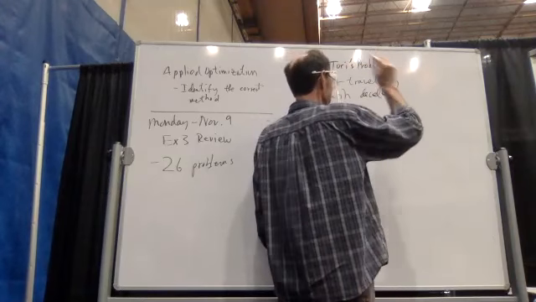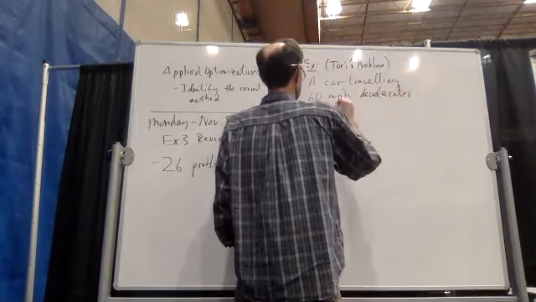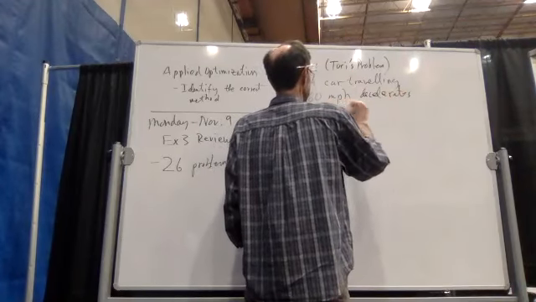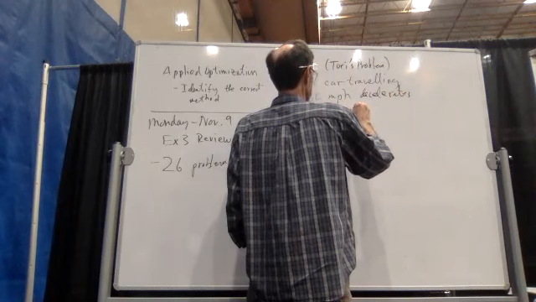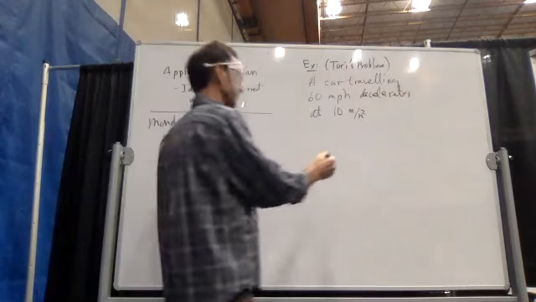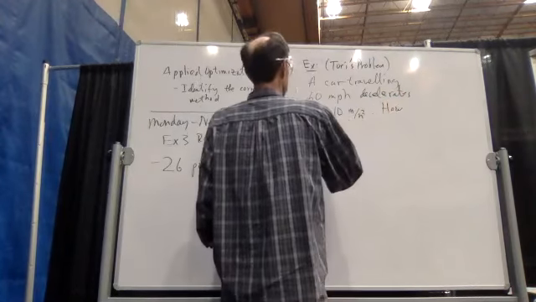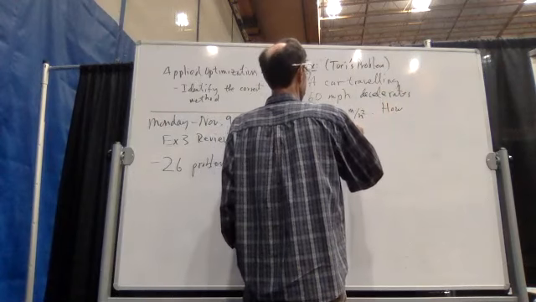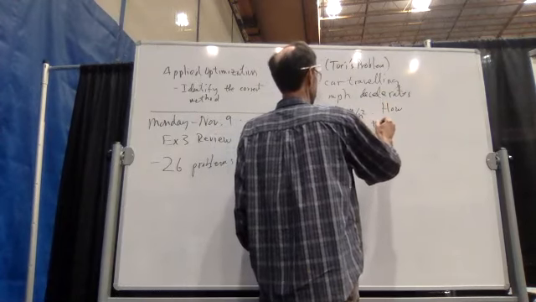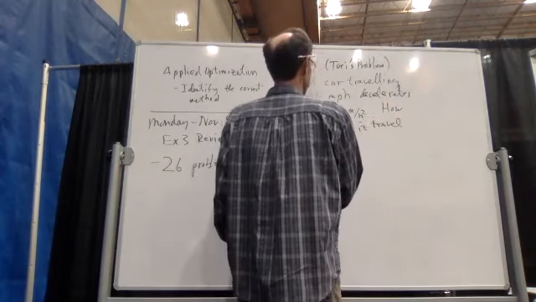It's going 60 and then boom, it puts the brakes on, at 10 miles per hour squared, 10 miles per hour per hour. How far does it travel before it stops? And then we'll think about how close we should follow if we'd like to drive 60.